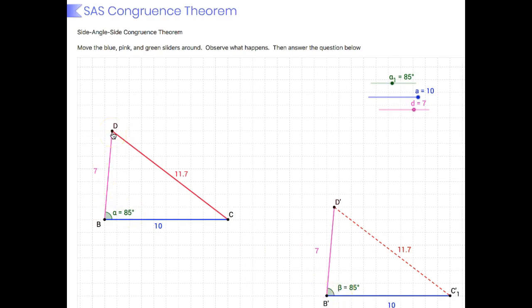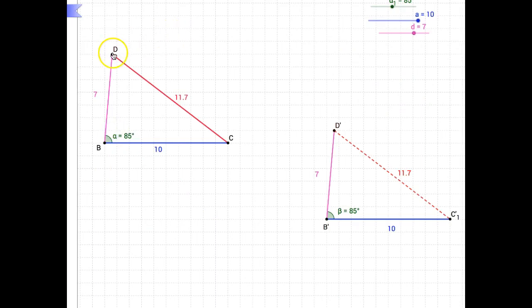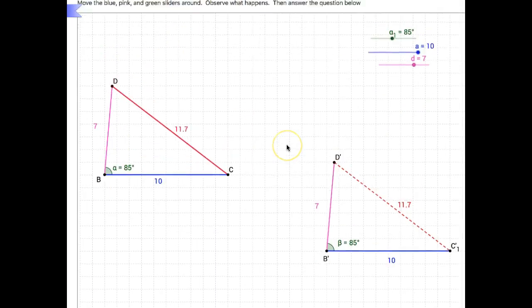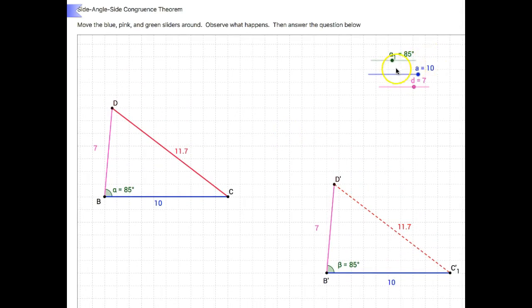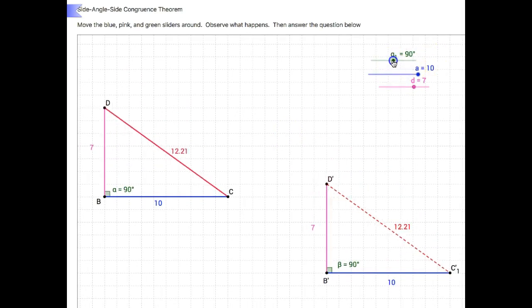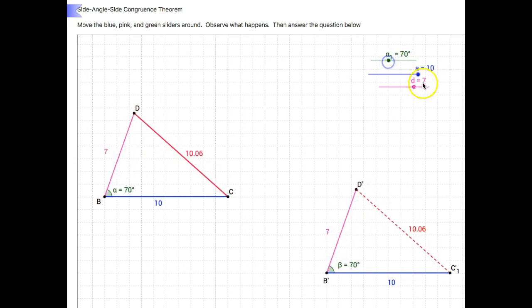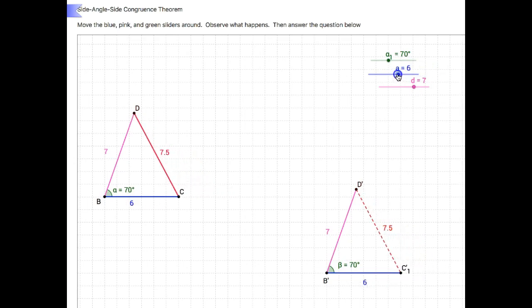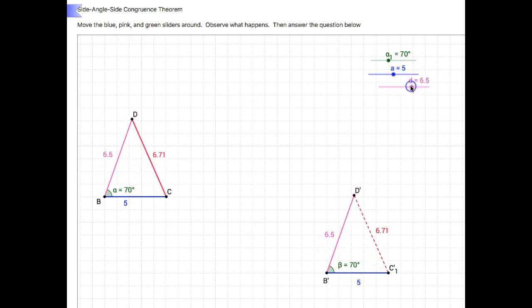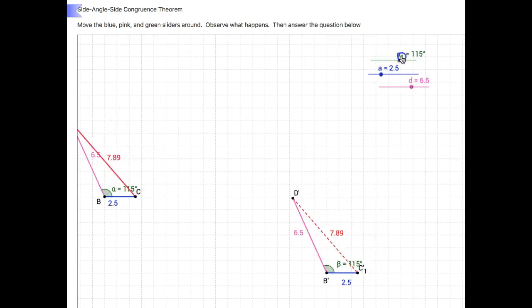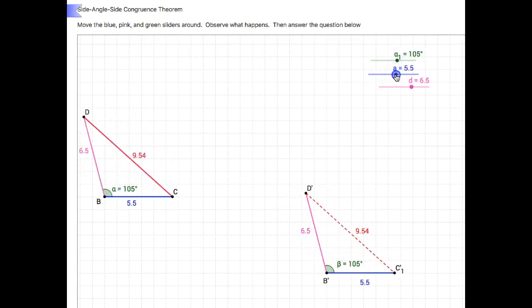So what happens if I start moving these points around? Notice that if I change any of these things so that I still have side, angle, side congruent, in both triangles I have side, angle, side, and no matter how much I change this, the 2 triangles are the same.